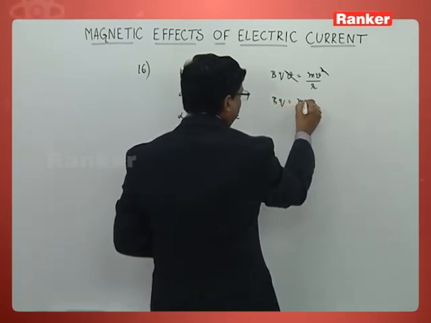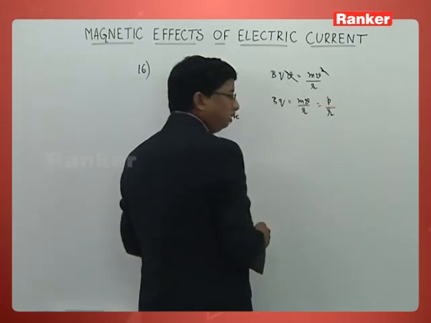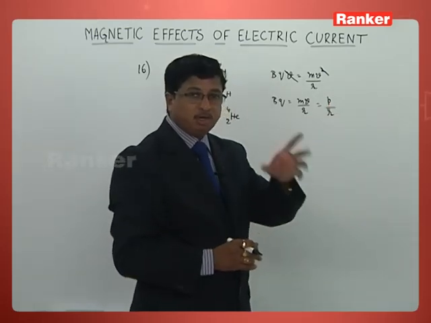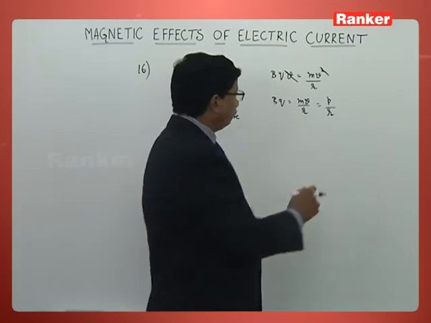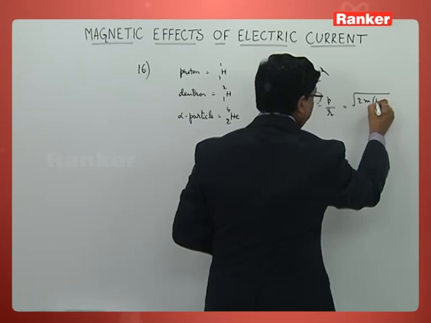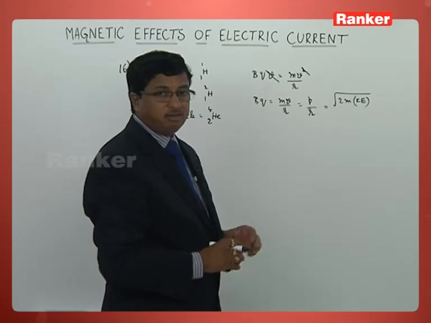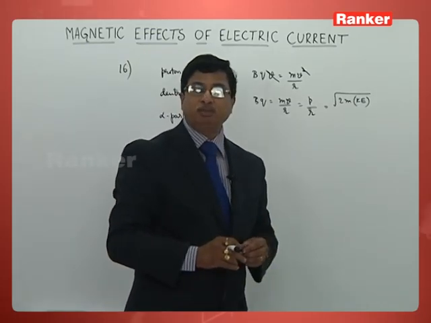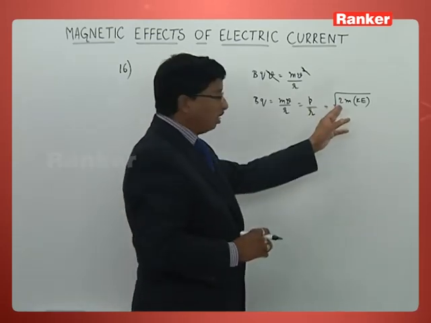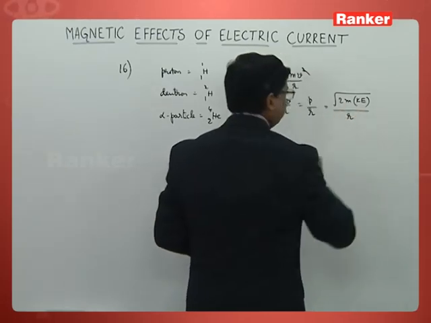BQ is equal to mv by r, which can be written as p by r, p being the linear momentum of the particle. Linear momentum can be written as under root 2m into Ke, since kinetic energy is p square by 2m. So now p becomes under root 2m into Ke, whole divided by the radius.